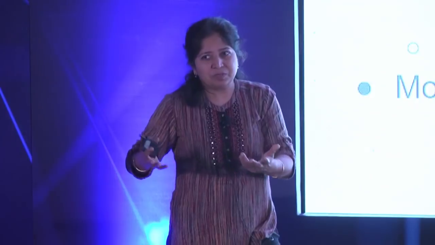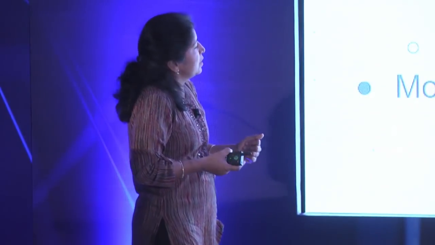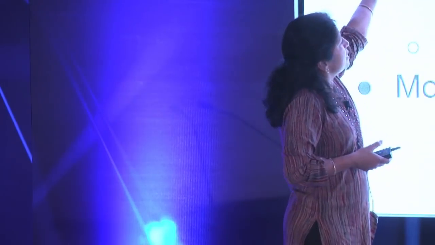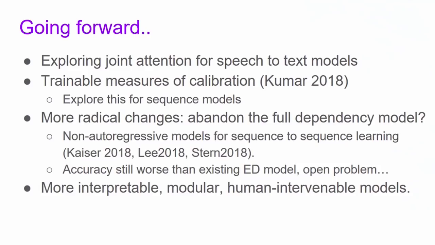We have not been able to apply those ideas for sequence models. We would like to do that. But in terms of more radical changes, what currently is very exciting is to abandon the full dependency of the encoder-decoder model and think about other ways in which you can capture the correlation among the output tokens.